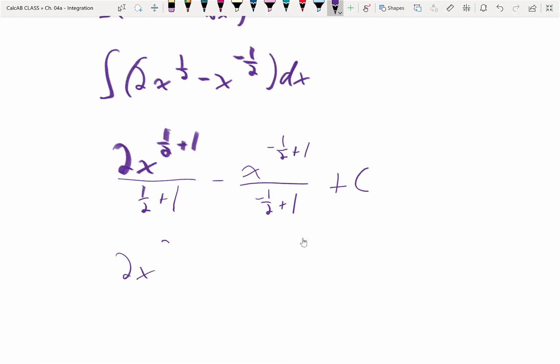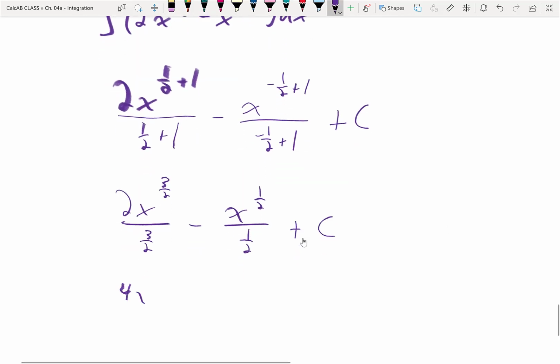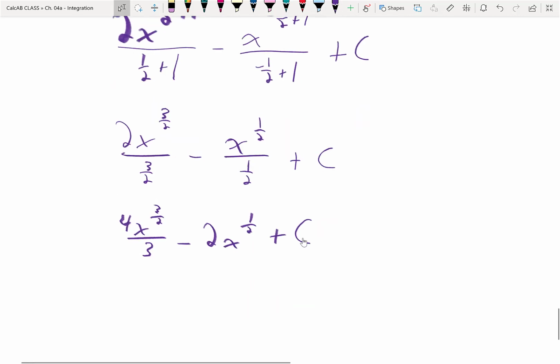Gives me 2x to the 3/2 over 3/2 minus x to the 1/2 over 1/2 plus c. And that's just 4x to the 3/2 over 3 minus 2x to the 1/2 plus c. You could write that in radical notation, not completely necessary.